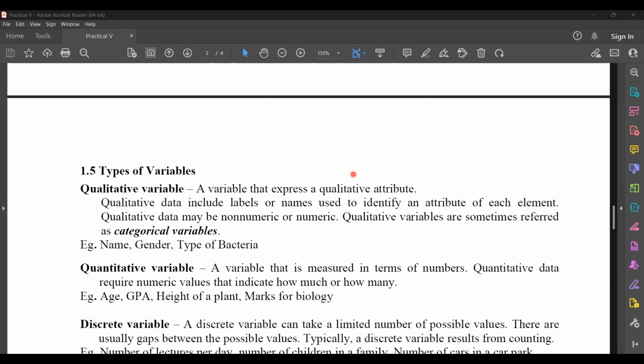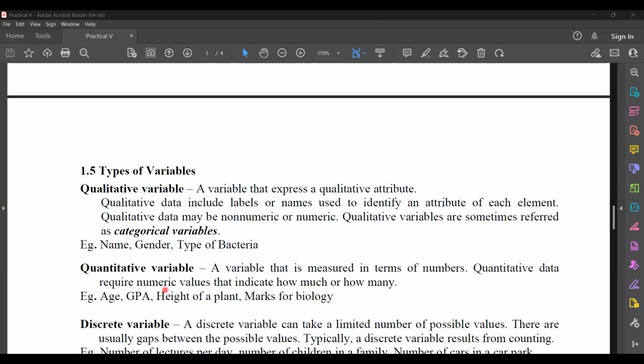The same goes for marital status; they are categorical variables. Religious group, yes, that is categorical. Address, yes, it is also a categorical variable, right?